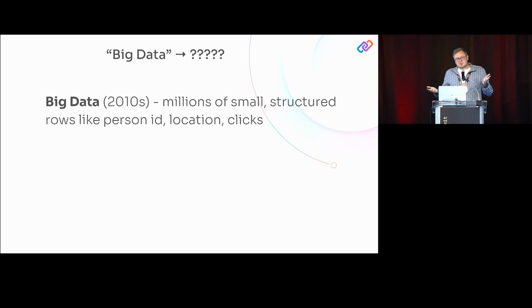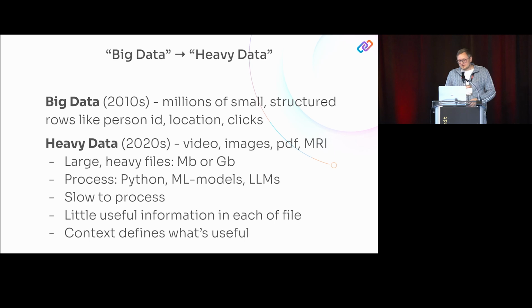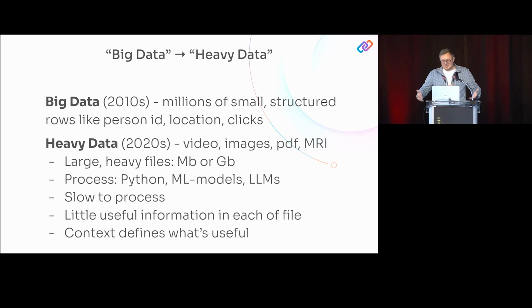Today, the world changed quite a bit. All the companies are already super efficient in this area. And now with the LLMs, AI, and new models, enable a whole new universe in the data space. It's video, images, PDF files, sensor data, MRI scans, whatever artifacts you might have, right?